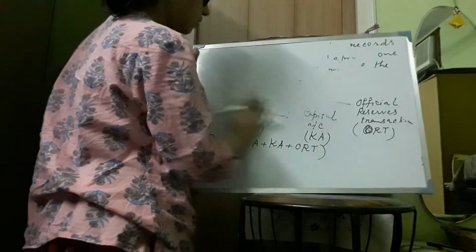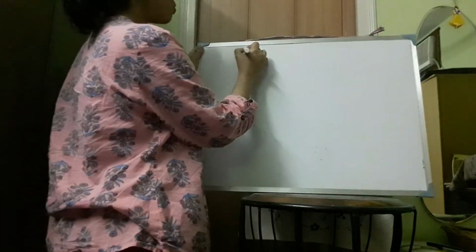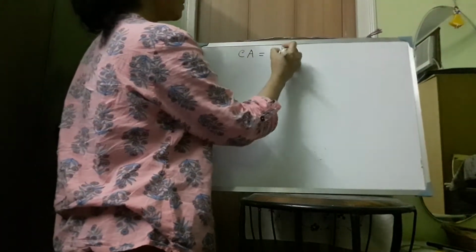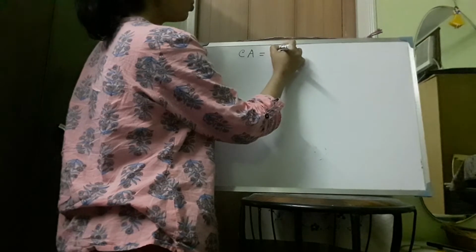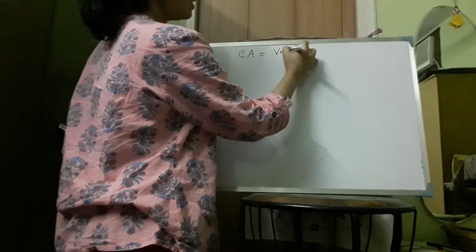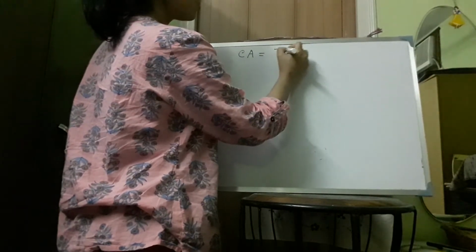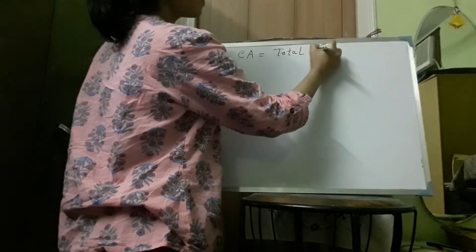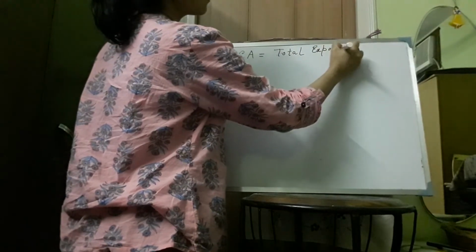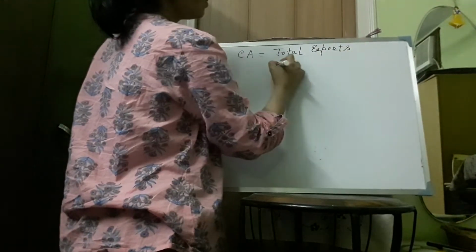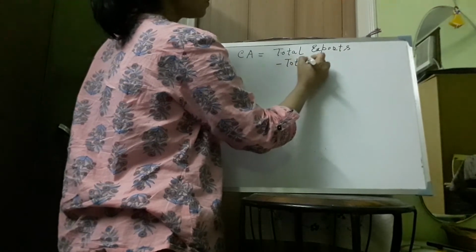Now let us discuss what is current account. Current account is the difference between the volume of exports and imports. So current account is the difference between total exports minus total imports.